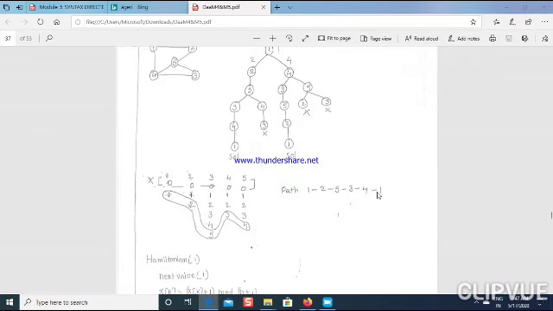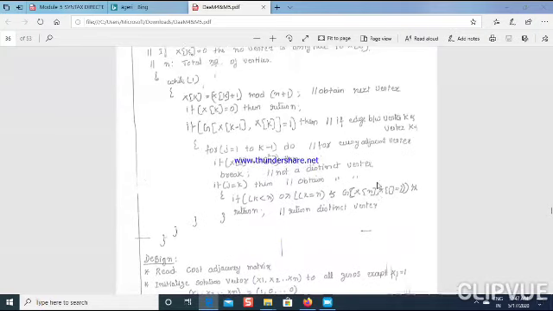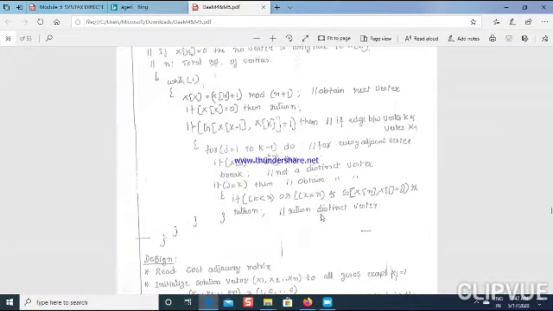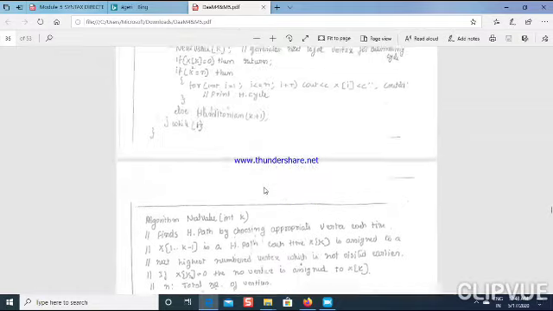At that situation this will become true, and I will move back to the main function, that is the Hamiltonian function. But in this case we are not visiting the last vertex, so we will not come to this particular case. So now this will become false here. Then again I'll move back to the Hamiltonian main function.